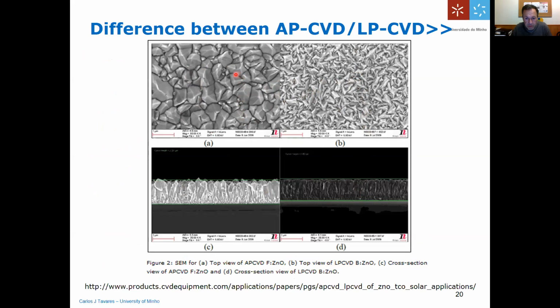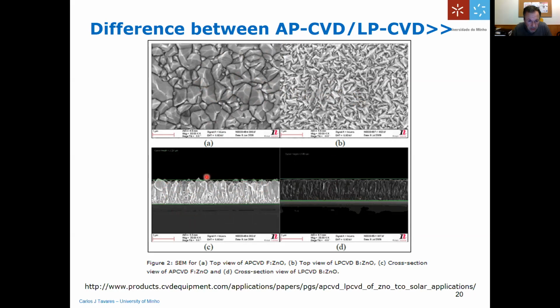The ones on the left are doped with fluorine, and the ones on the right are doped with boron. So here is the surface of ZnO doped with fluorine and ZnO doped with boron, and here is the respective cross section of the films. You can see that with atmospheric pressure CVD, if you look at the cross section, this is the substrate, and this is the cross section of your film, and this is the surface of your film.